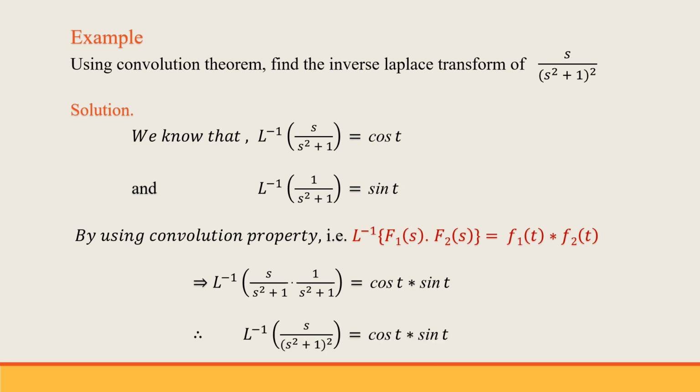That is, Laplace inverse of s by (s square plus 1) whole square is equal to convolution of cos t and sin t. Now, we can find the convolution of cos t and sin t by the basic convolution theorem.